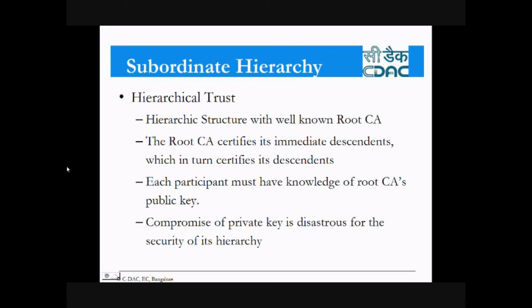This is the system which is followed in our country, India. So in India, the Controller of Certifying Authorities operates the root certifying authority. Below it, there are the certifying authorities like NIC, TCS, etc., who issue certificates to individuals, organizations and other institutions.